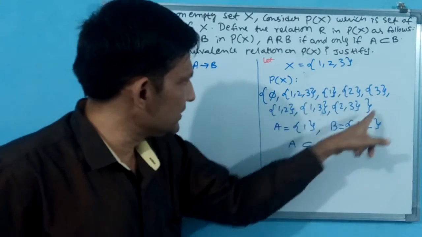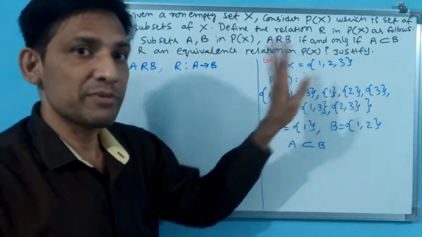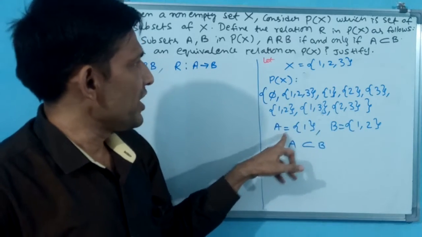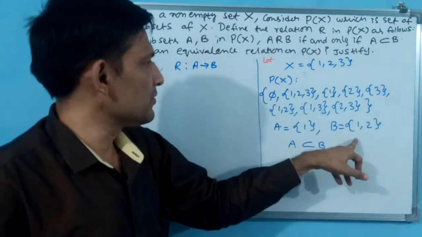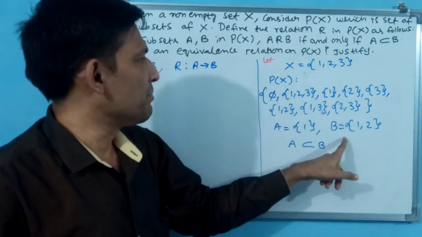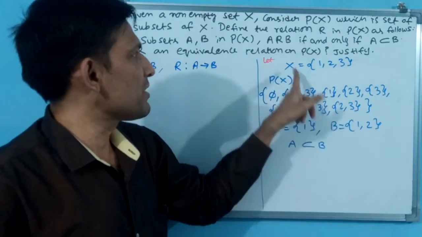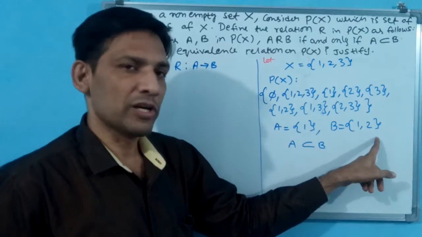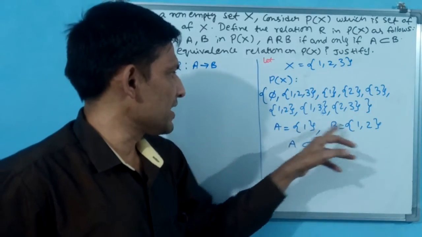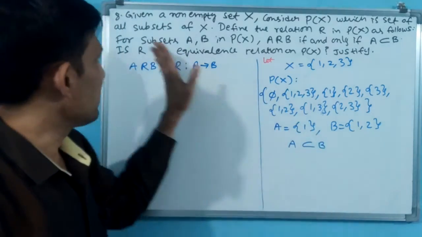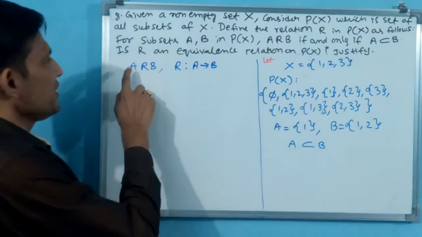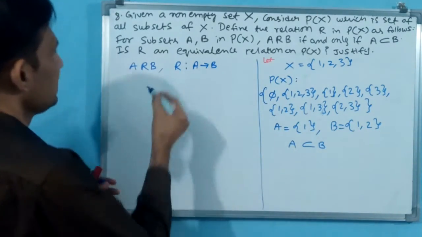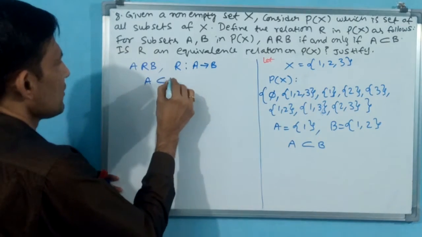In the power set all these elements will come, because 3 elements means 2 power 3, 8 subsets. A is 1, B is 1, 2. I don't want to make B equal to X. That is why X has 3 elements, B has 2 elements, A has 1 element, A is a subset of B. As per data it is okay. Now A is related to B and A is a subset of B. Same thing you write here also. A is a subset of B.